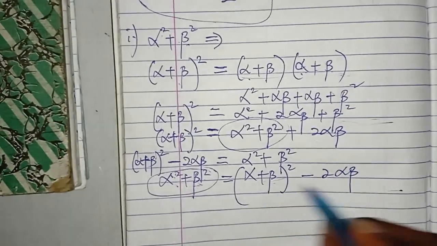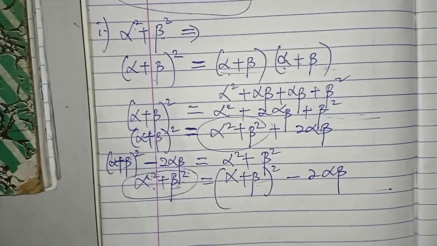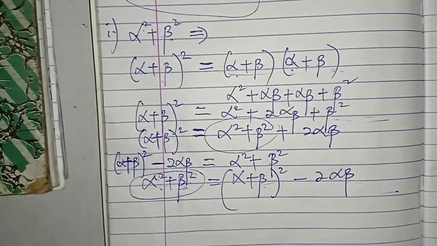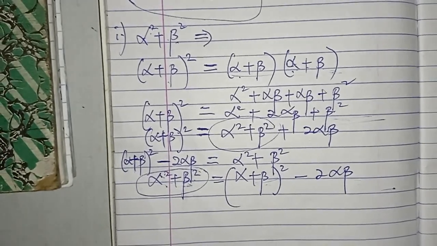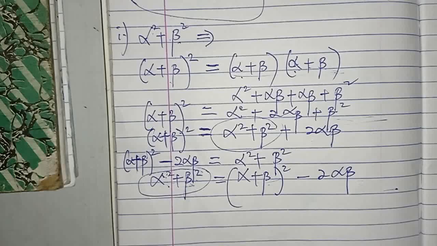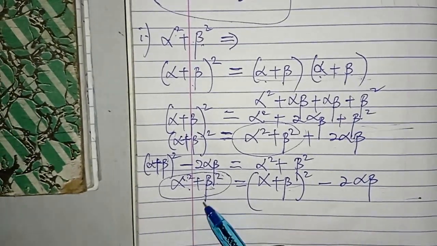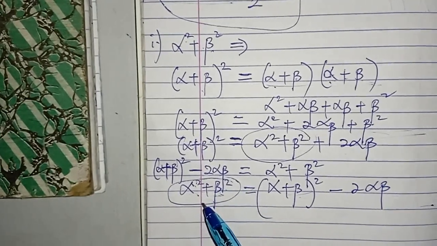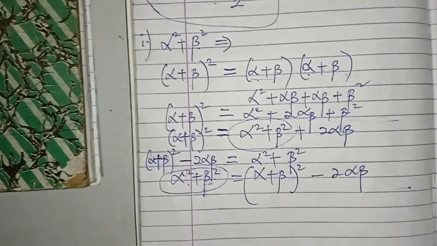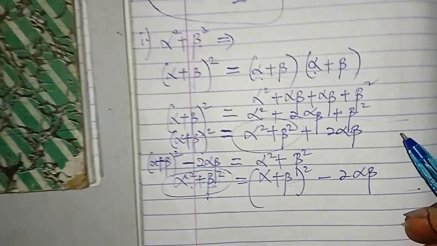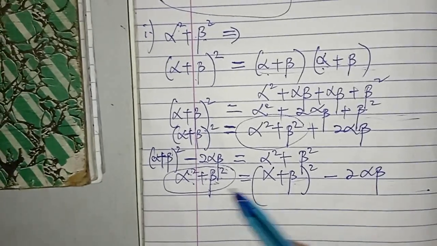So anytime you are asked to find anything that is outside alpha plus beta and alpha beta, all you need to do is look for a way to introduce what you can use to find that same value given to you. Then make that value given to you the subject of the formula. And when you do it, you'll be able to get the sum and product of roots, whichever way it comes out. But you don't use it as is given.